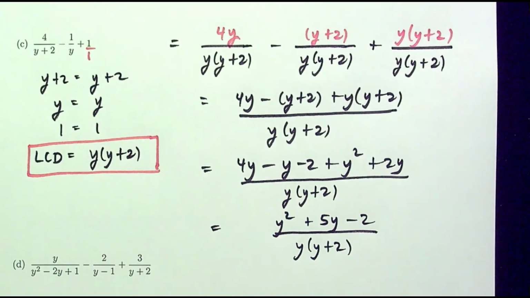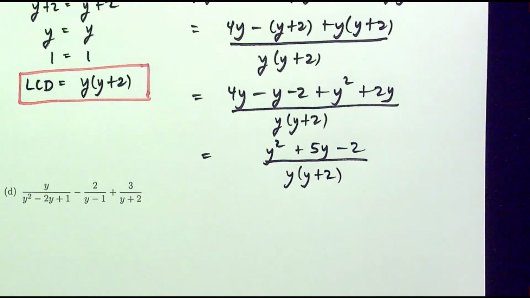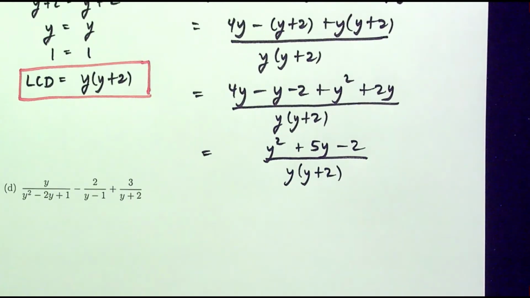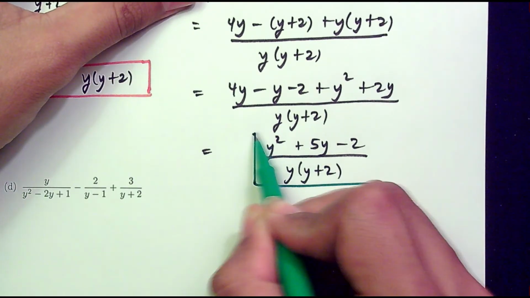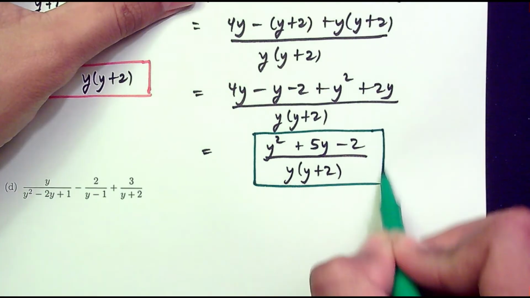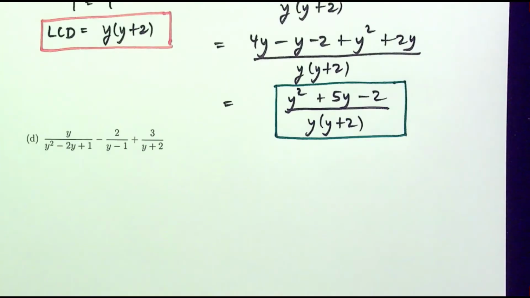And then we're done. Now remember to always think whether we're really done. You should try to factor the top, but you will see that it doesn't really factor, so that means you cannot simplify this anymore. And that's the end of that story.